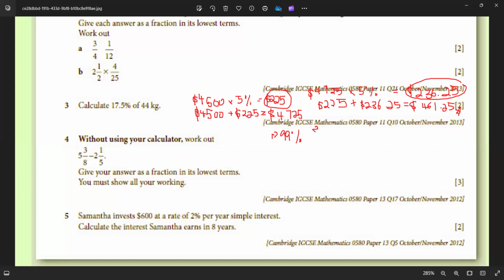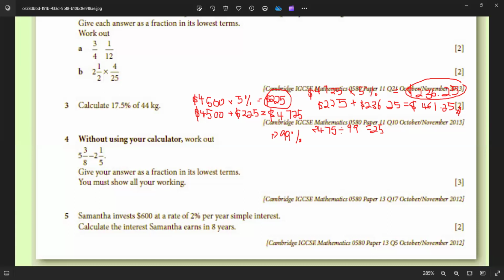So we'll take 2,475 divided by 99, which will get 25. This means that 1% of Jasjit's stamps was 25.